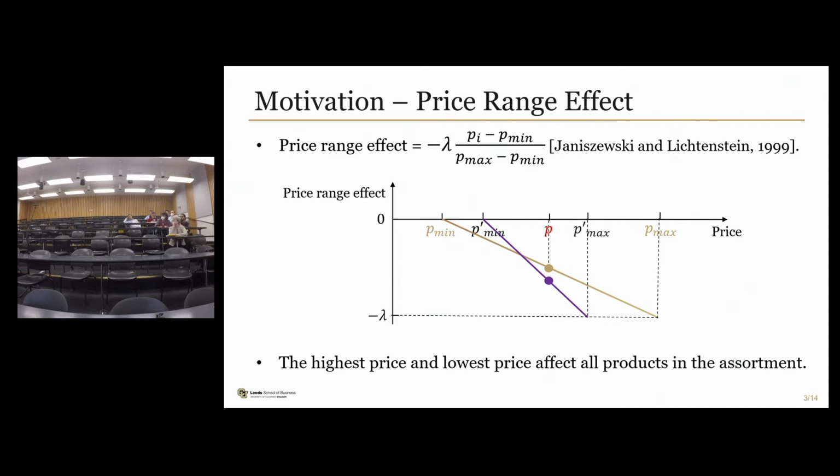But that's my intuition, so it may be wrong. For the wider one, P is in the middle between P max and P min, so that gives a moderate negative penalty for these products. But in the narrower one, P is closer to P max, so you feel that this product is in the more expensive range, where you have a larger negative penalty.